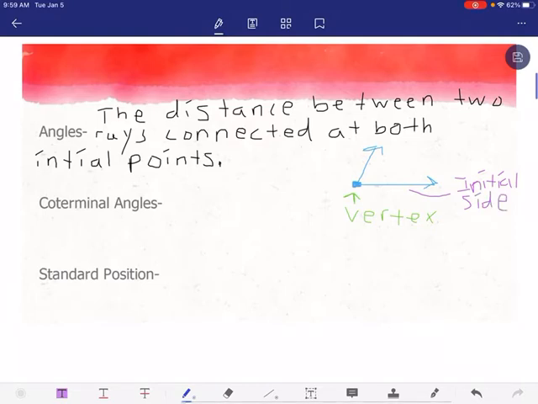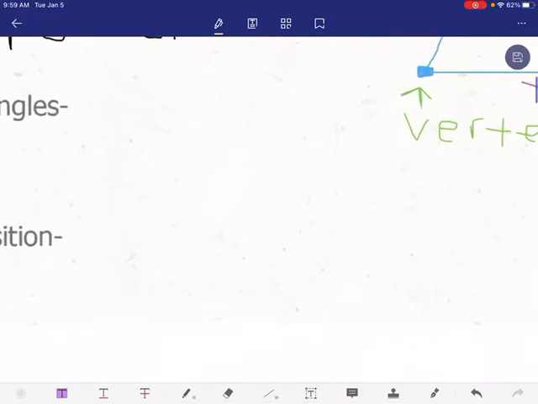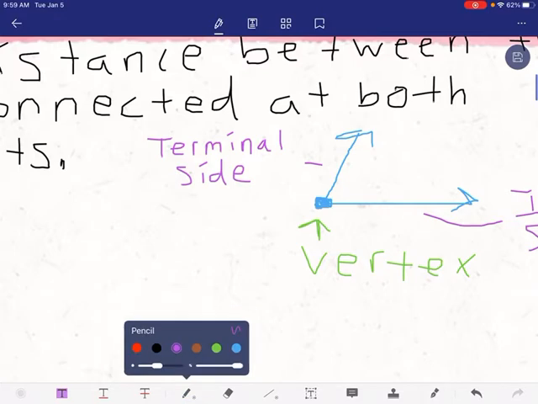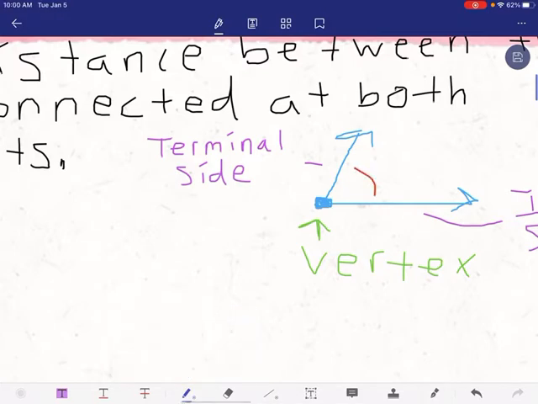And our terminal side is the ending. And your angle is going to be that distance between those two sides.